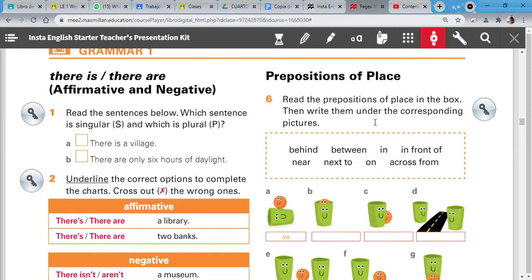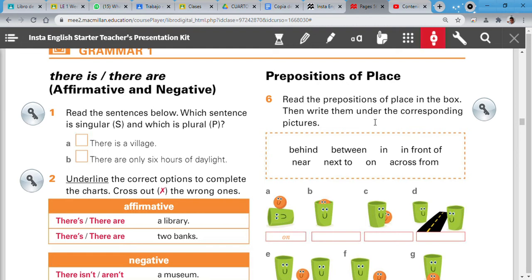Now, letter B. There is a glass once again, and the ball is in. The ball is in the glass. Letter C. The same glass, but the ball is behind. Excellent, behind.